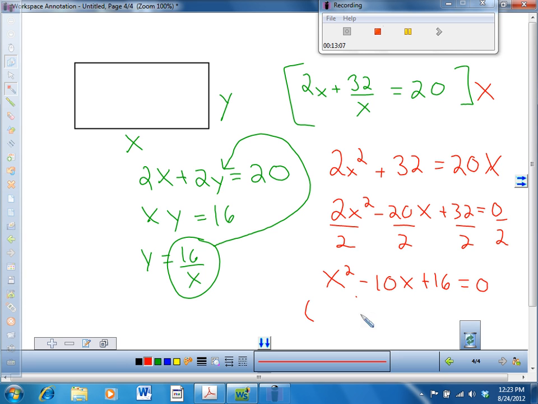And then I factor that to x minus 2 times x minus 8, which tells you that x equals 2 or x equals 8. And so that means the length is 2 and the width is 8, or vice versa. And that's how they want you to do that problem.